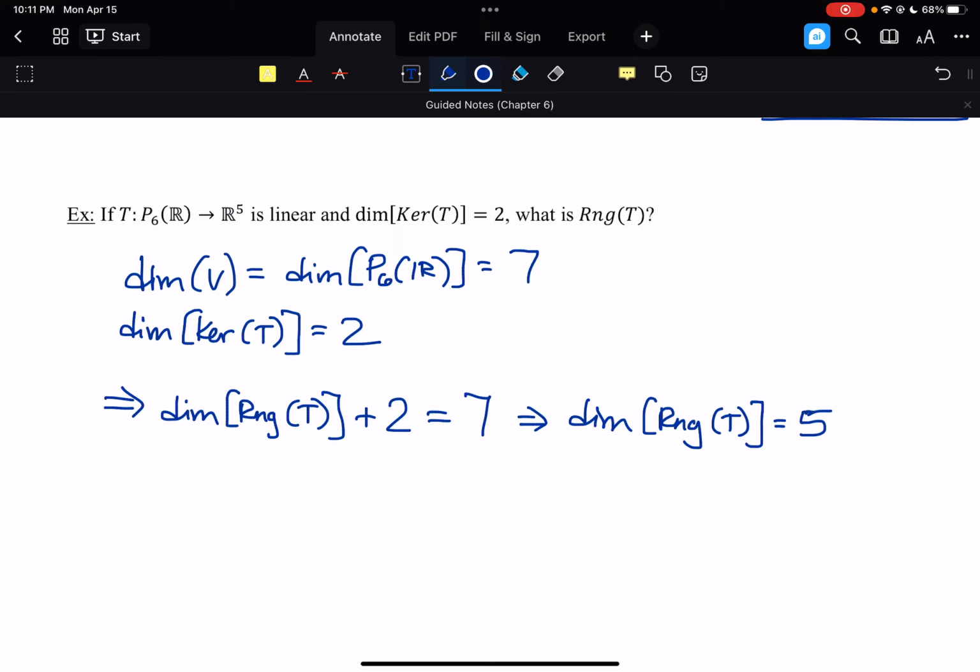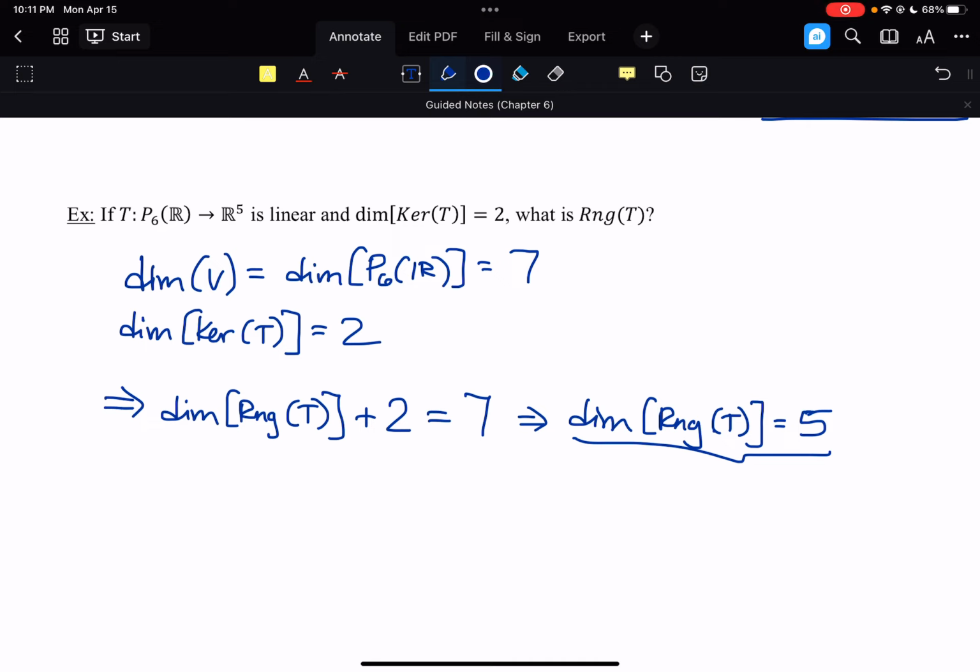But it didn't just ask us what the dimension of the range is. It asked what the range is. So now if we look at the size of the range, this means that a basis for the range has 5 vectors in it. And we're in R5 right now. So if the basis for the range has 5 vectors and the basis for R5 also has 5 vectors in it, the range and the output vector space are the same size.